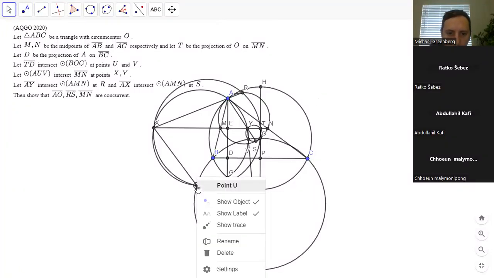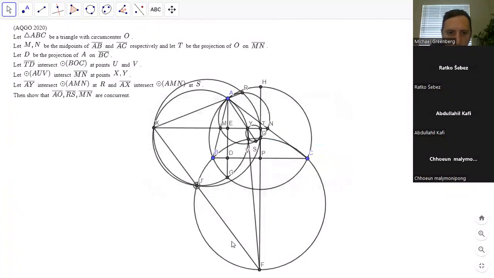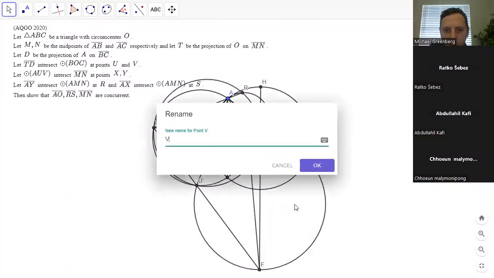So we could call this U prime. That's the intersection of this circle, X, Y, V, A, and call it U prime and V prime.